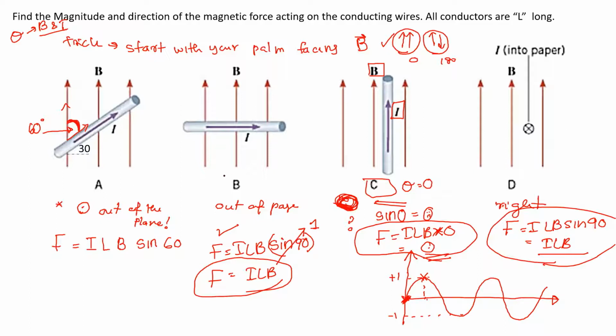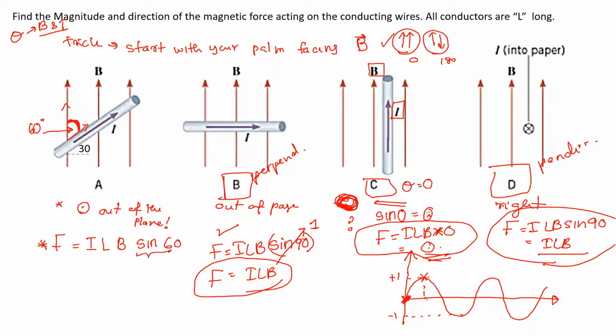So B and D were perpendicular, which is why we got the highest possible value. When they are parallel, we got 0. And this example is a value in between 0 and ILB.